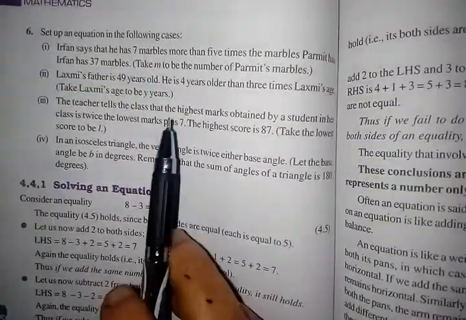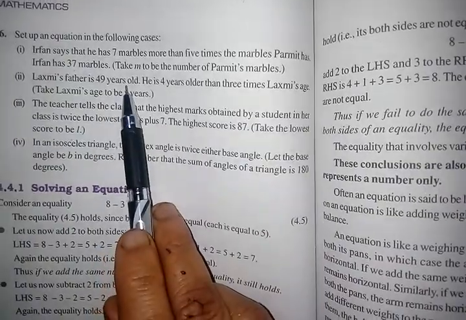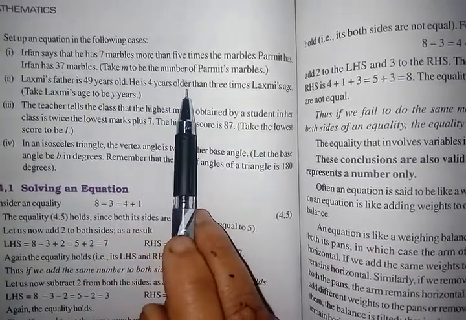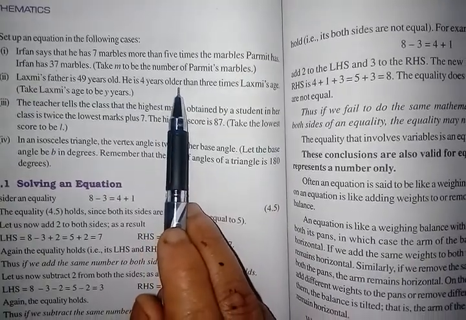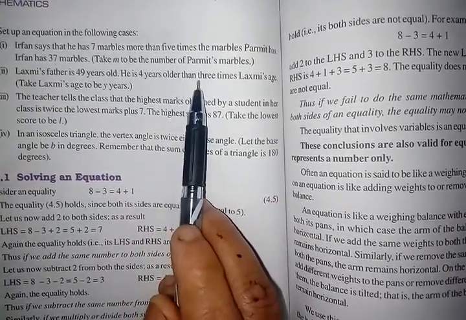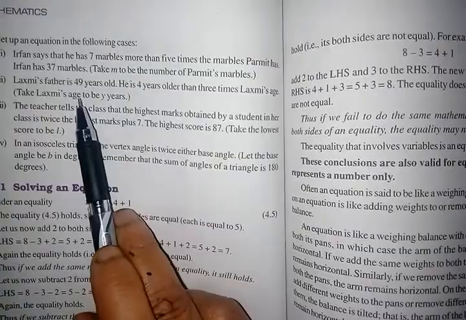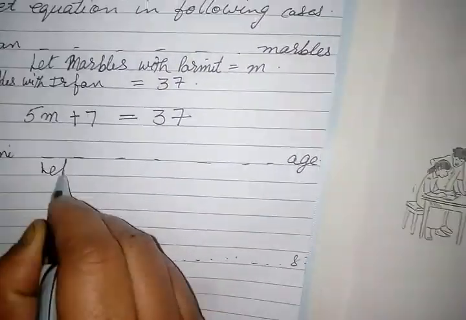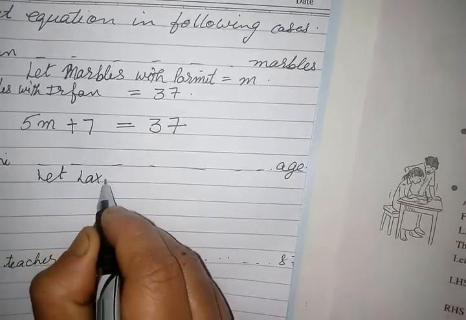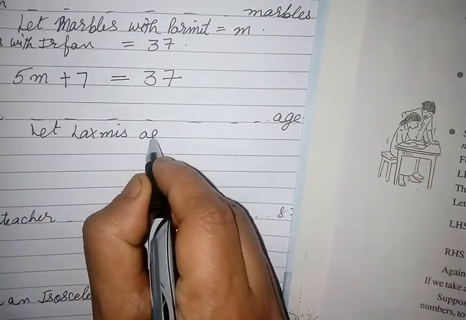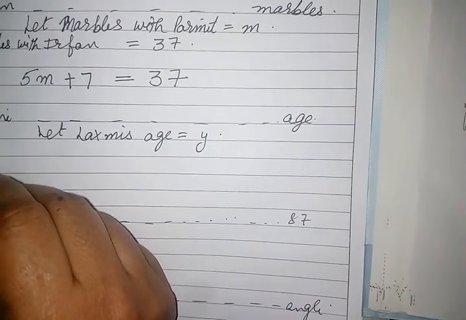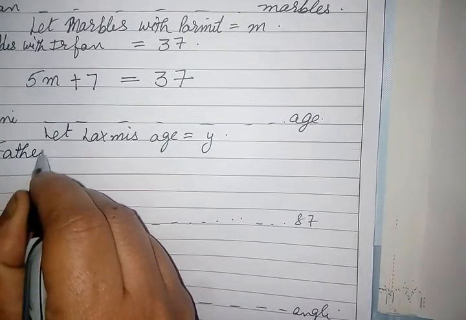Next is Lakshmi's father's age is 49 years. They have given that he is 4 years older. Older means we will add, 4 added to 3 times Lakshmi's age. So let Lakshmi's age equal y.